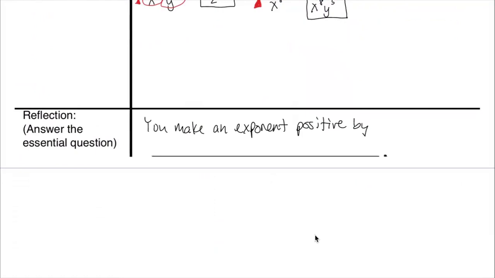How do we make an exponent positive? Good. You make an exponent positive by switching the side of the fraction it is on.